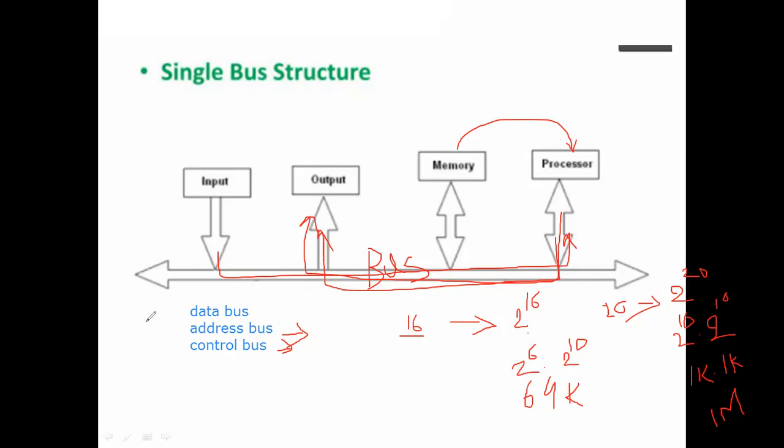Address bus means address lines; by using the number of address lines we know the total memory capability of the processor. The control bus regulates the activity on the bus. Do you understand? So all of you practice this diagram and learn this concept.